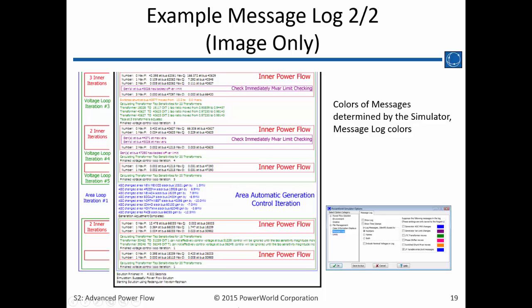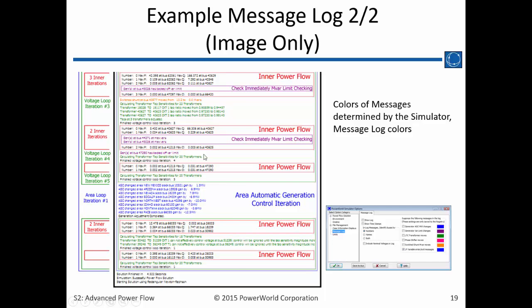Here's just another follow-up of that log, so you can see where it's doing more inner power flow loops and more checking of generator VAR limits, and other inner power flow loops, more tap changes, another switch shunt that adjusted. This blue color here is automatic generation control iteration taking place.